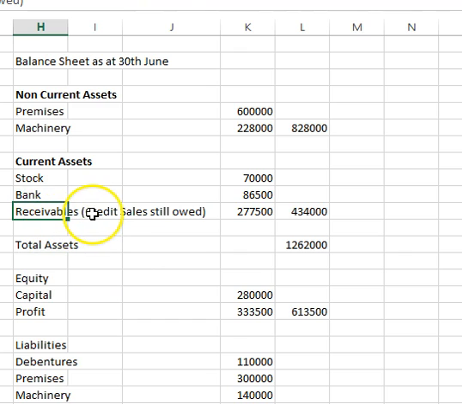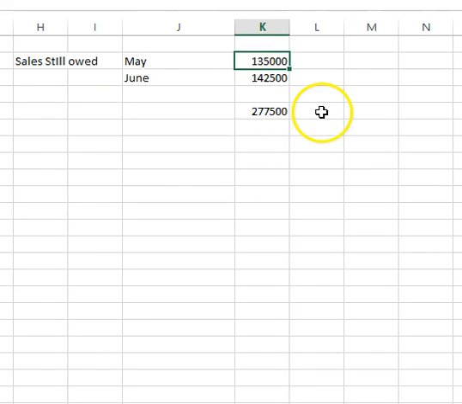Receivables. Receivables are any sales that we still are owed, and we have to check how much we are owed at the 30th of June. And if we have a look at our sales, you see that our sales are paid 2 months after. This is credit sales, so 75% is credit sales.